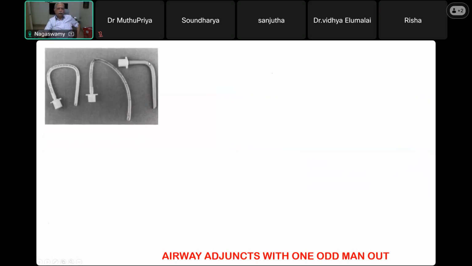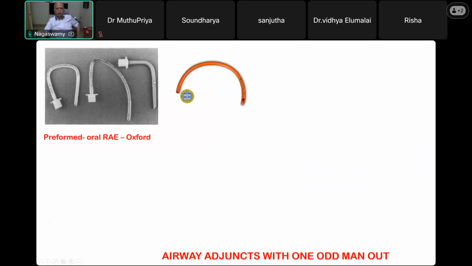What is this and what is this? The last one is the Oxford tube. This is Oxford, very good. An older tube which was used for cleft lip and oral surgeries. This is the Oxford tube, red rubber. This is called an anatomical tube. The preformed anatomical tube, oral RAE tube, and Oxford tube.